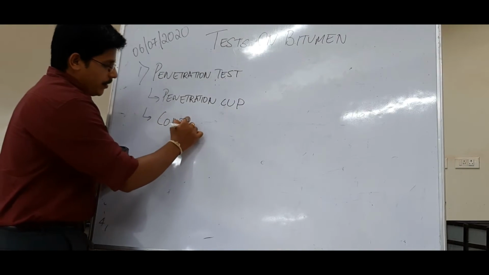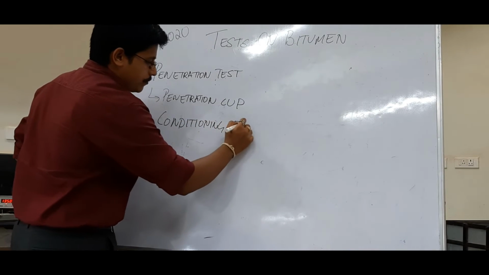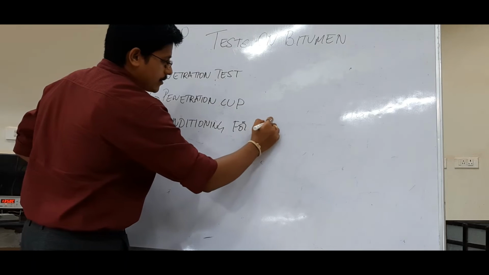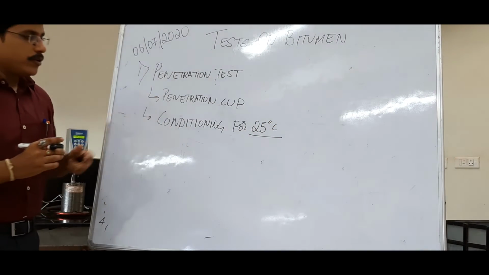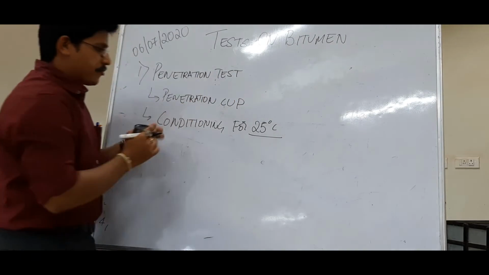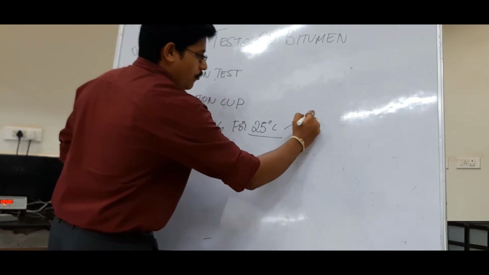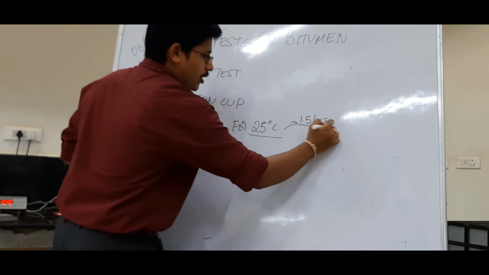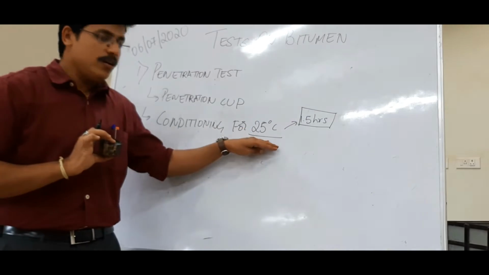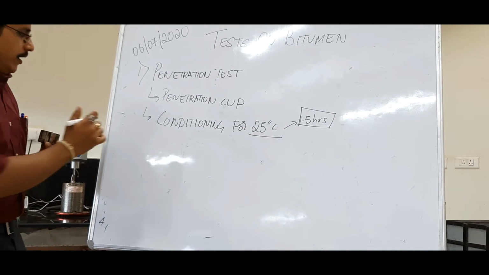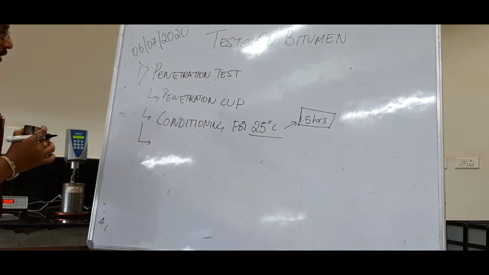We want the bitumen to attain a temperature of 25 degrees, which is the standard temperature for grading using penetration value. So once you pour the bitumen in the penetration cup, allow it for conditioning for at least 1.5 hours, so that it can cool and the whole mass of bitumen can attain this temperature.